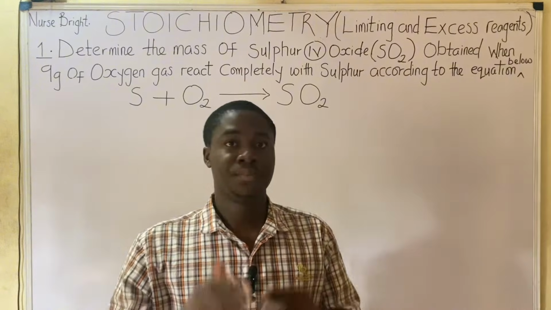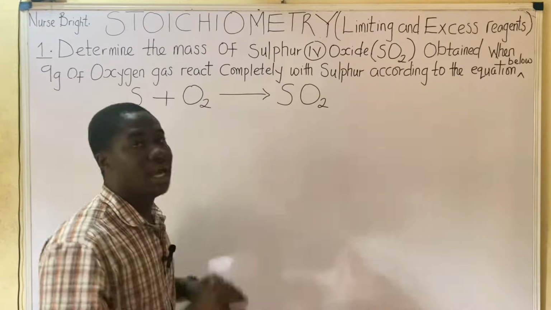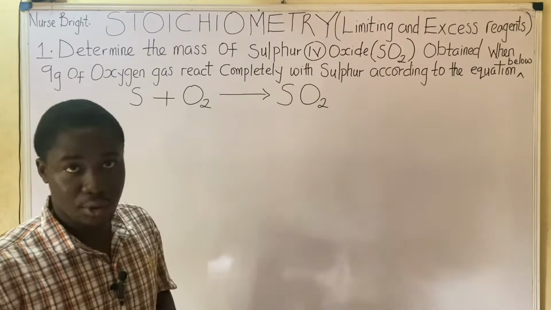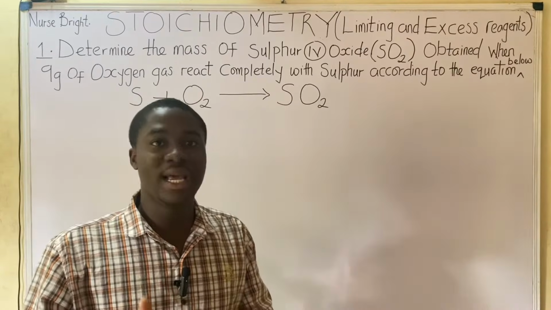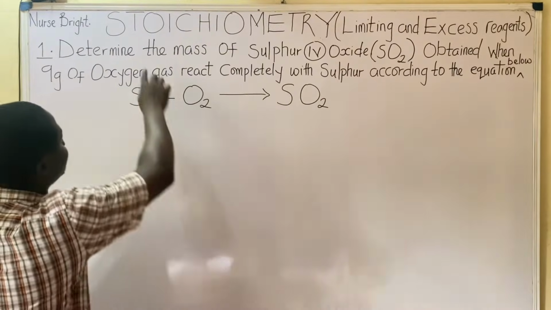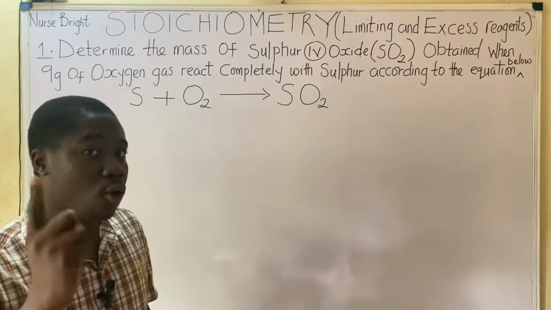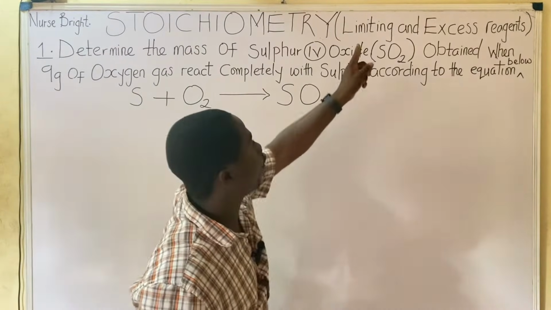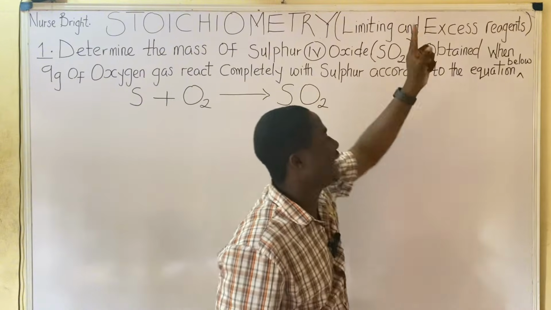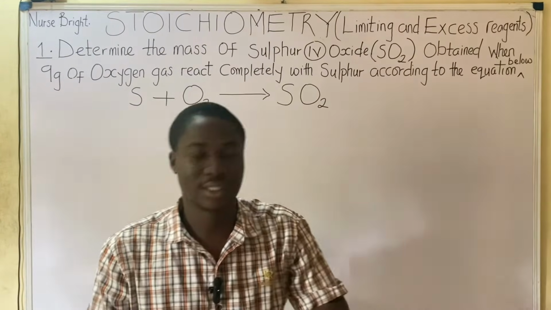As you can see on the board, in the course of this video lesson, I'll be explaining the topic in chemistry called stoichiometry, specifically focusing on what we call limiting and excess reagent.